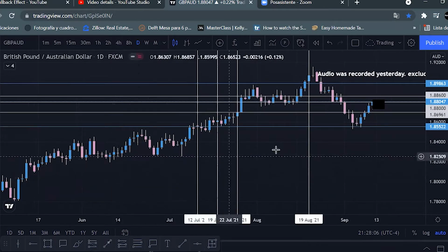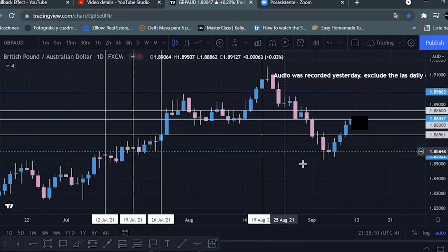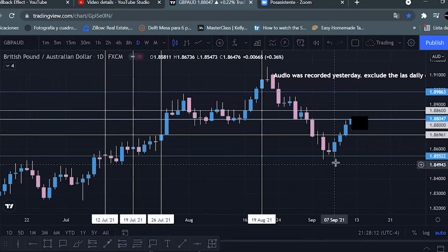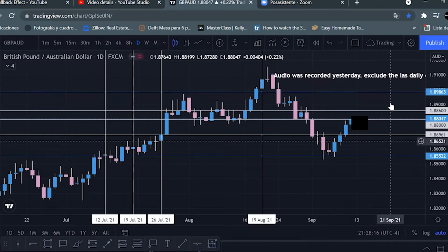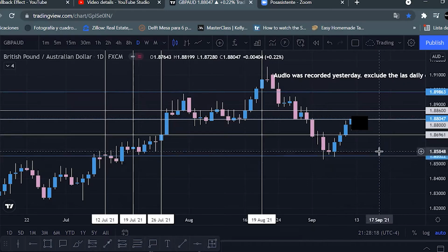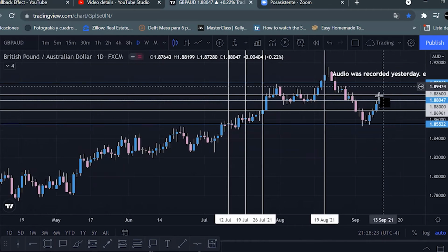But I believe we might not. We might either see a consolidation inside of these two blue levels, or I strongly lean back into a bullish sentiment for GBPAUD.